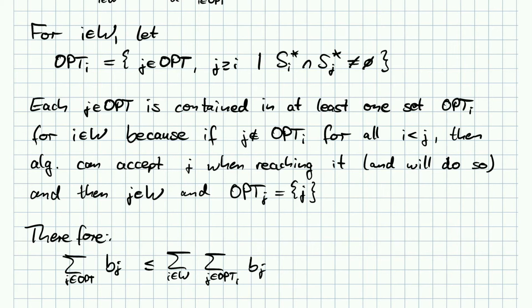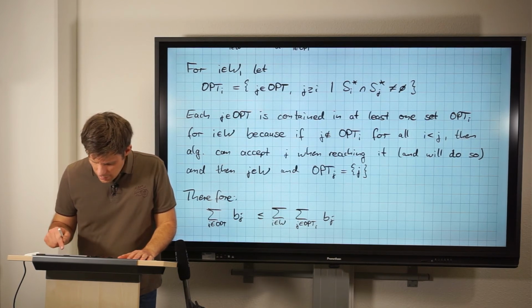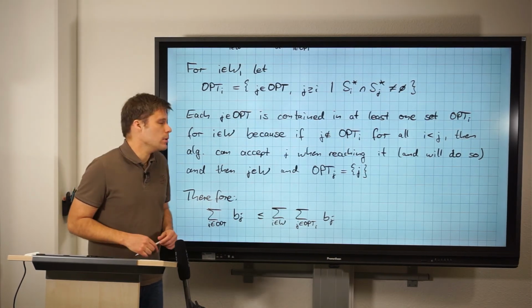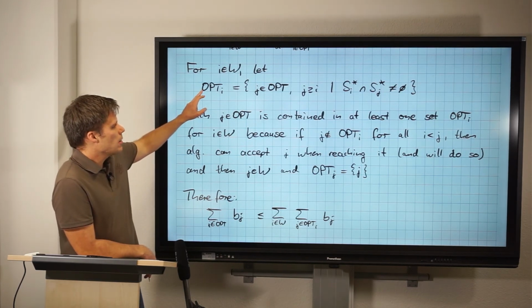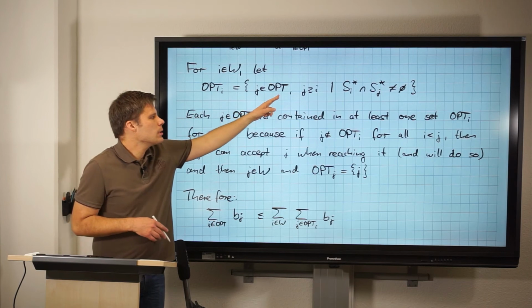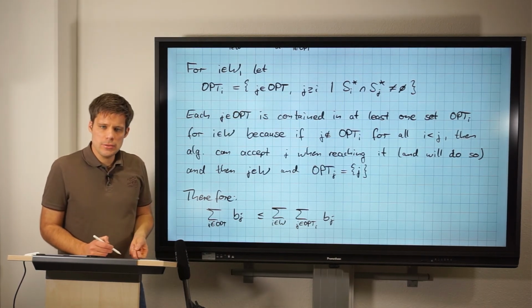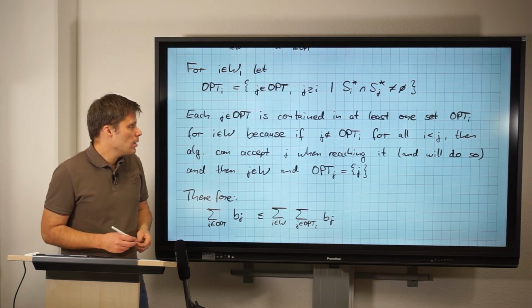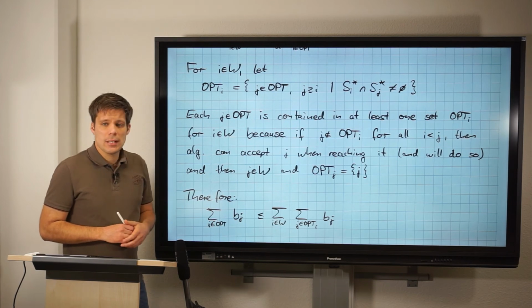And now what we can do is see how big these sets opt I will be. How many j in opt can some bidder I exclude by being selected?